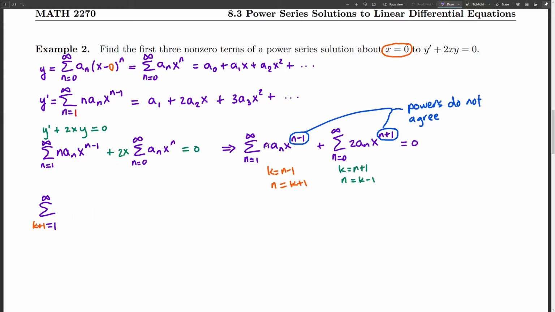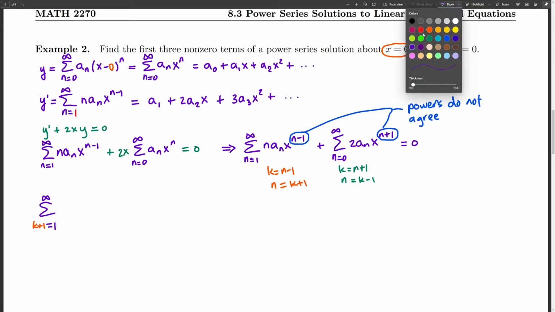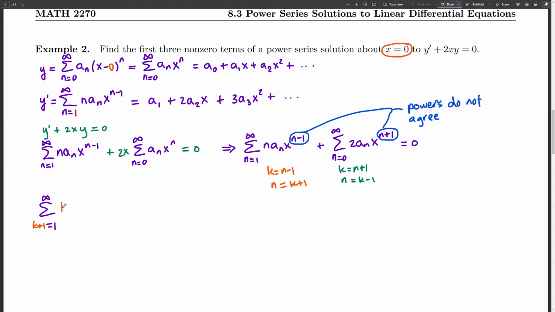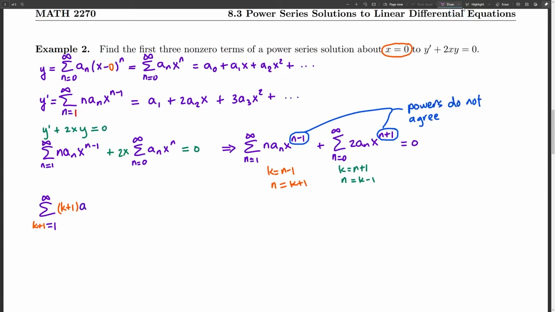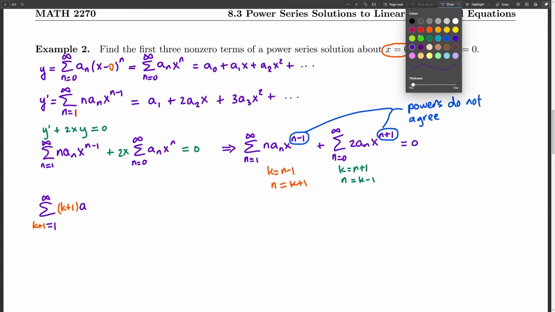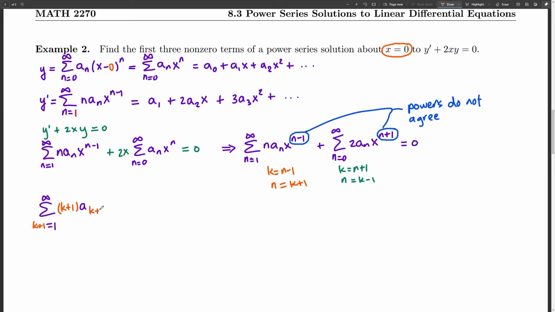And then instead of n here, we have k plus 1. And then instead of a sub n, we have a sub k plus 1. And then x to the power k.